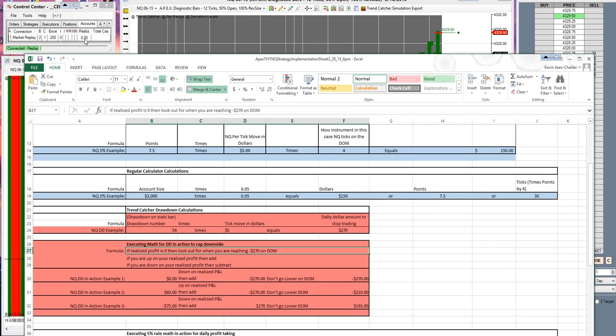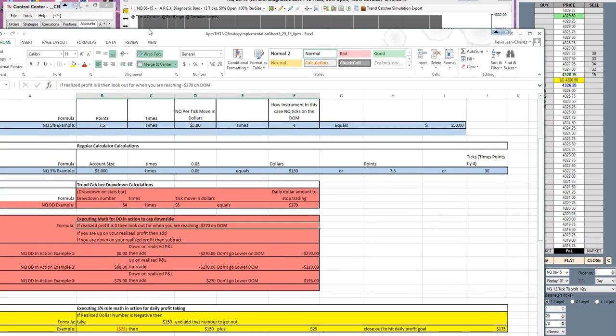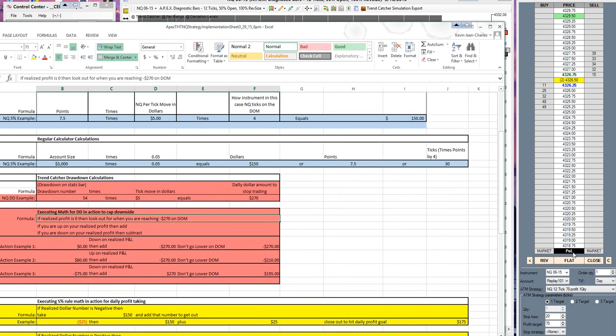If it's live or demo, you'll see it right there. So you'll see it at 0. Then I just look out for when it's reaching negative 270 on the DOM right here, where it'll tick. I have the setting on ticking and currencies. If you're on your realized profit, let's go back to the sheet right here.